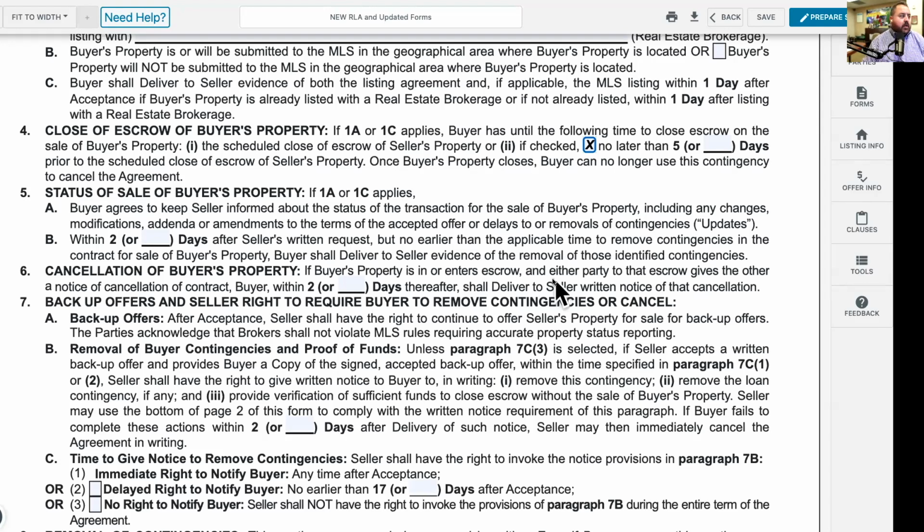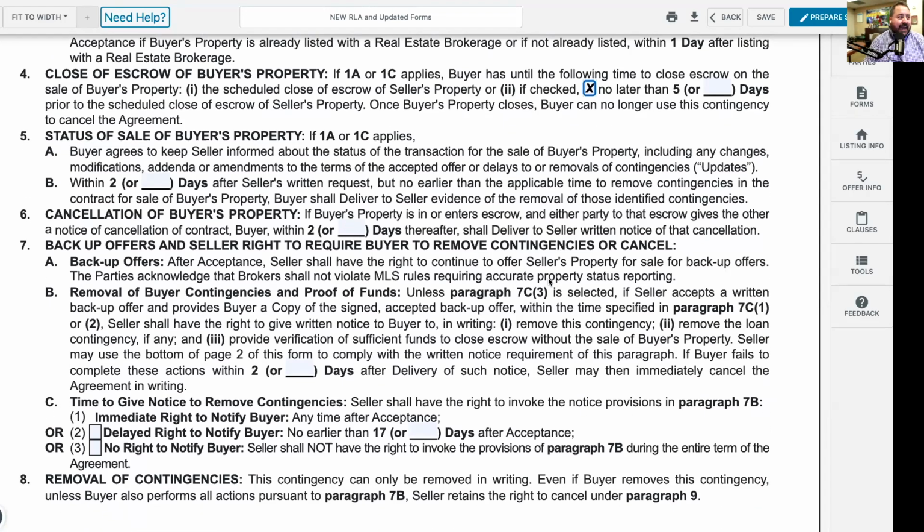All right. Moving on. The status of the buyer's property. Buyer agrees to keep seller informed about the status of transaction for the sale of buyer's property, including any changes, modifications, addenda, amendments to the terms of the accepted offer, or delays to or removals of contingencies within 2 days after seller's request, but no earlier than the applicable time to remove contingencies in the contract for sale of buyer's property.